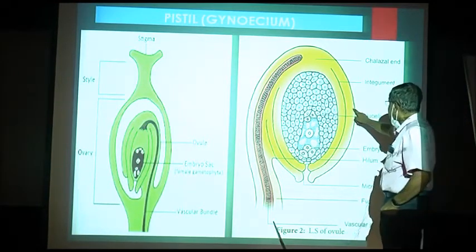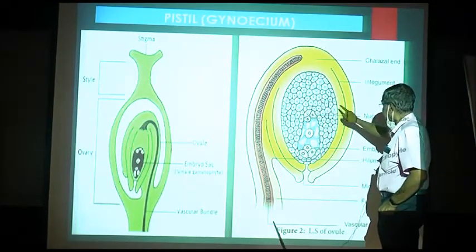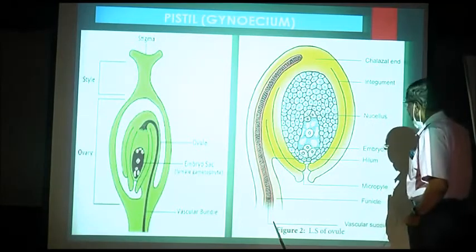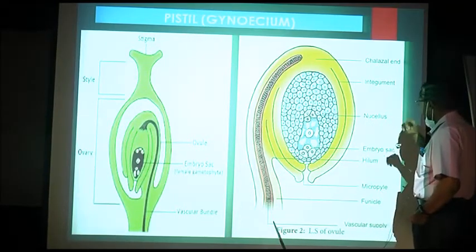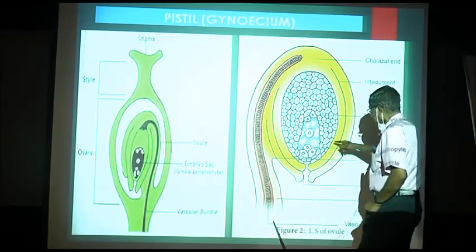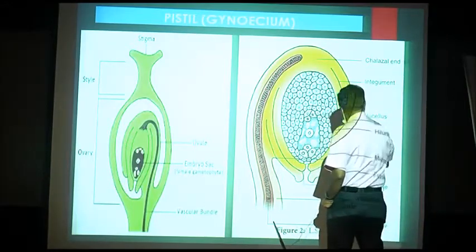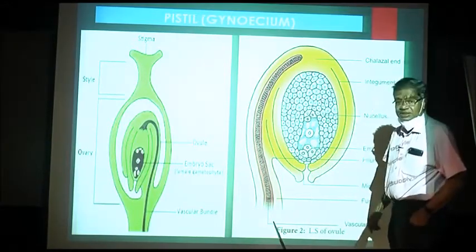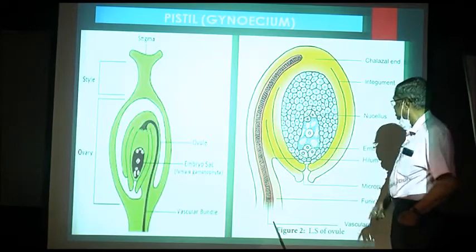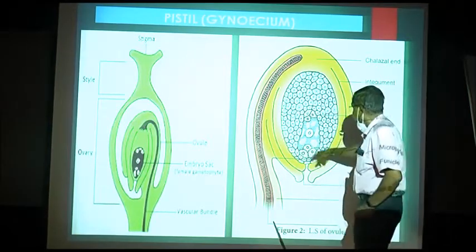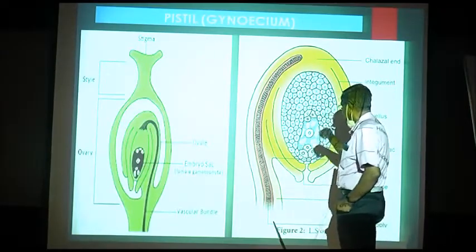Outer integument and inner integument. Okay? Outer integument and inner integument. And inner to the integument, there is nucellus, a parenchymatous tissue here.